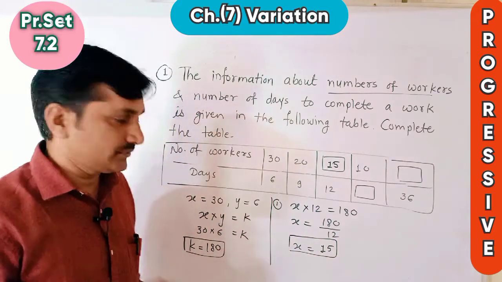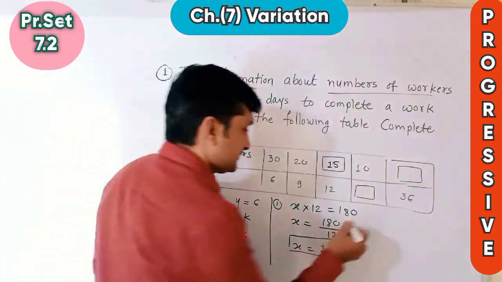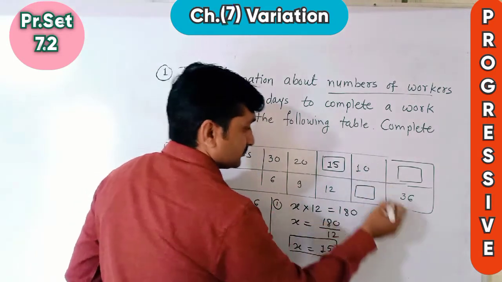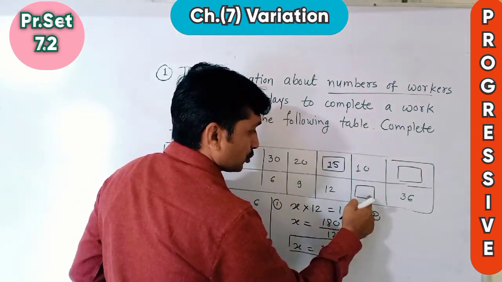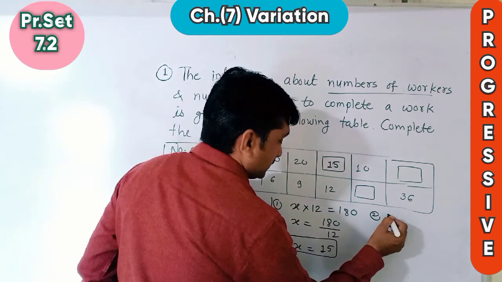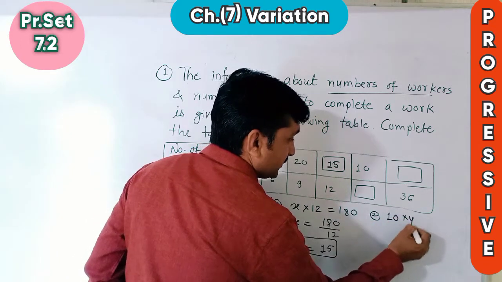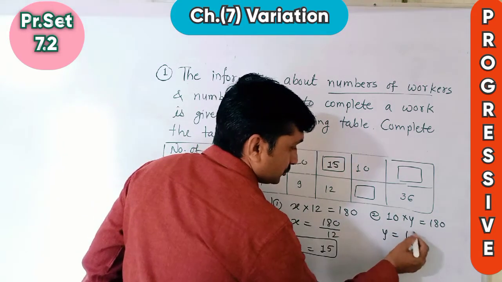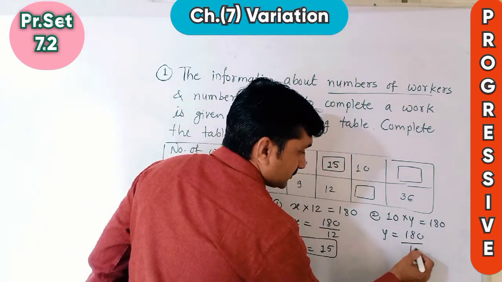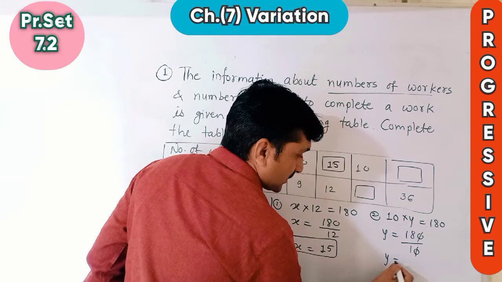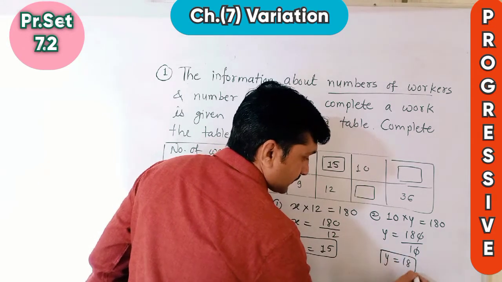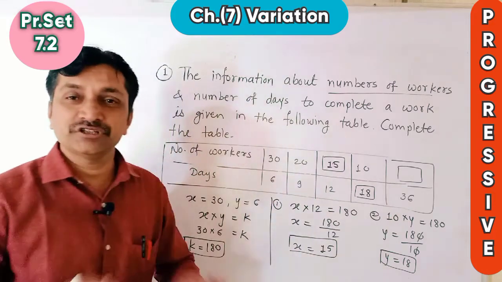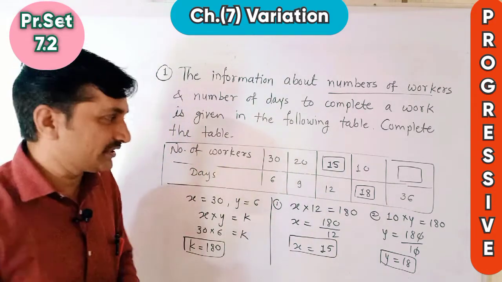Second example: x is given, y we don't know. 10 multiplied by y is equal to 180. Then y is equal to 180 divided by 10. 0 cancels. y is equal to 18. See, here we get 18. If you see the product will come 180.